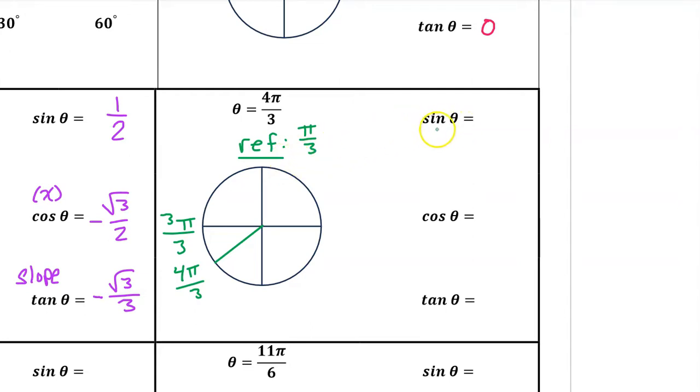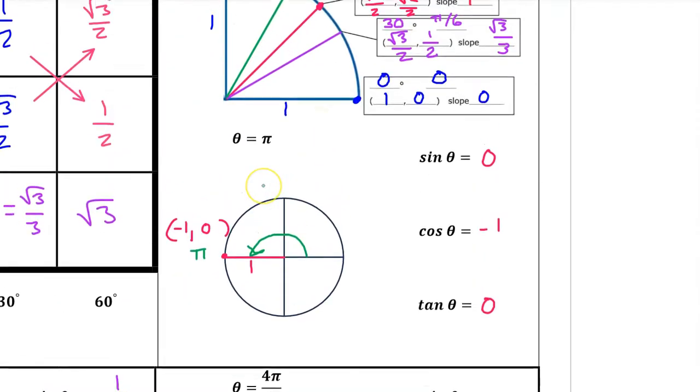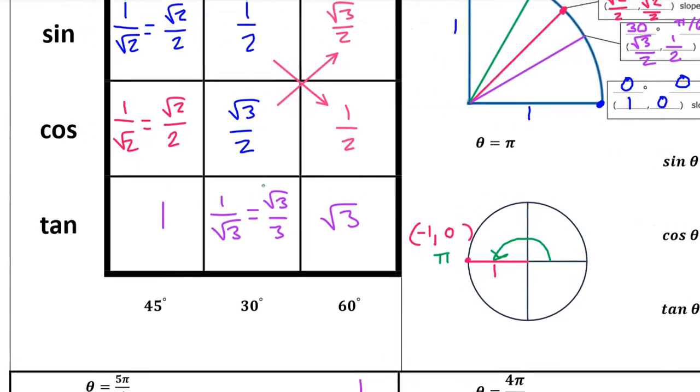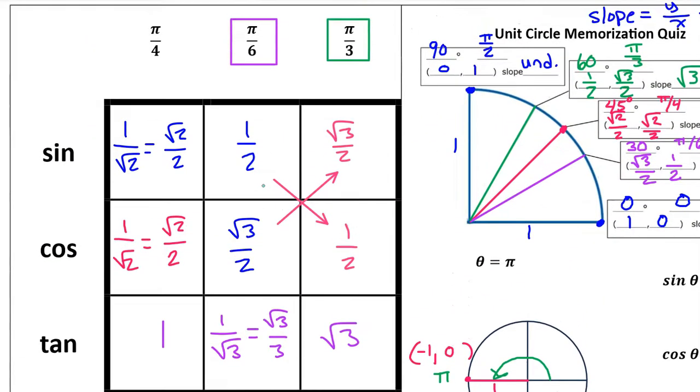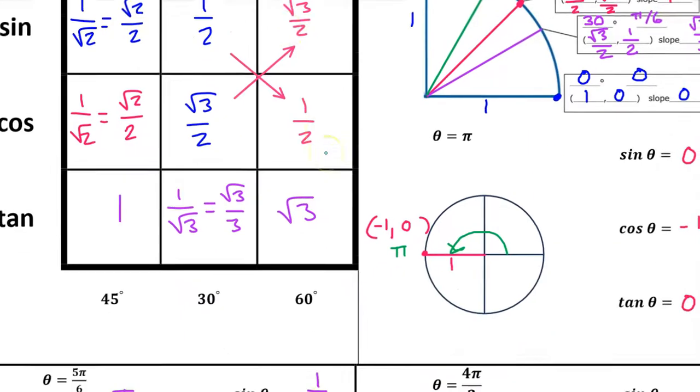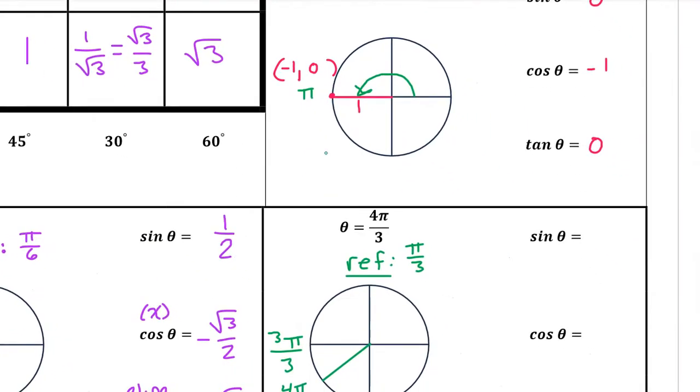If I want to evaluate the sine of 4 pi over 3, I begin with the sine of pi over 3. The sine of pi over 3 is radical 3 over 2. So the sine of 4 pi over 3 will also be radical 3 over 2, but it might be negative radical 3 over 2.